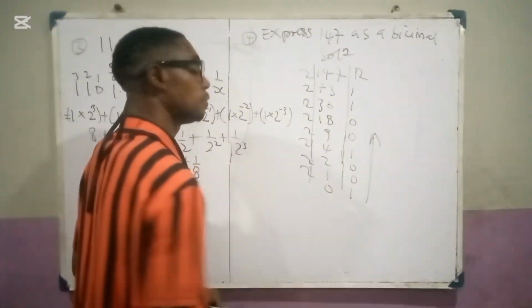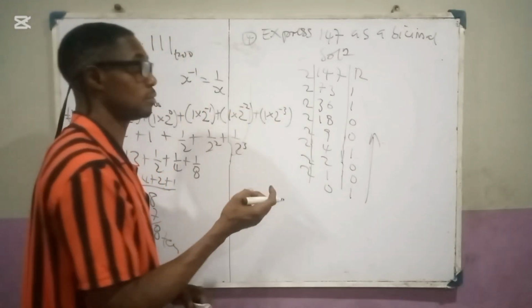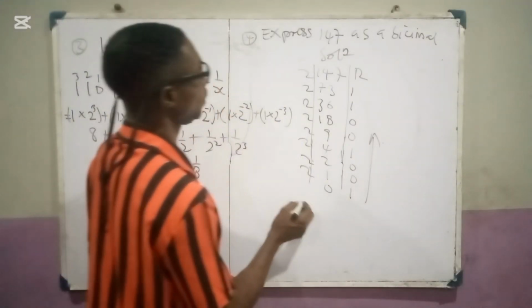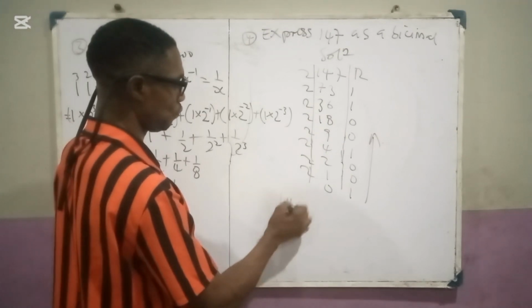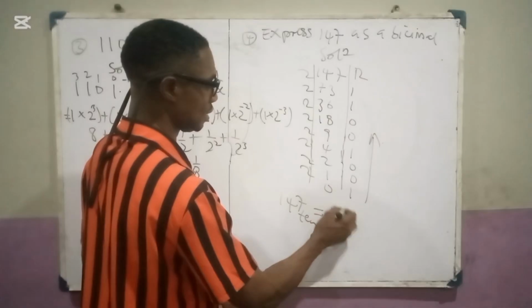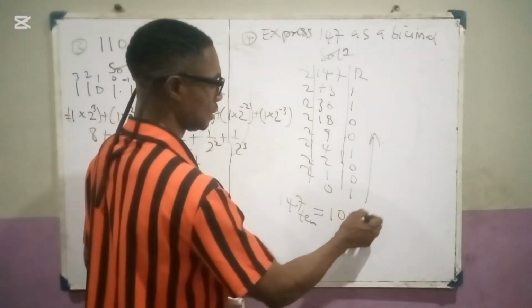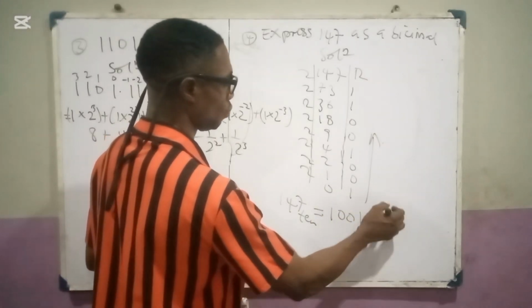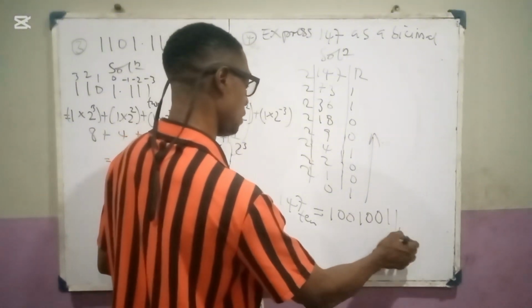Arrange it from bottom to top, right? So, therefore, we can say that 147 in base 10 will give us 10010011 in base 2.